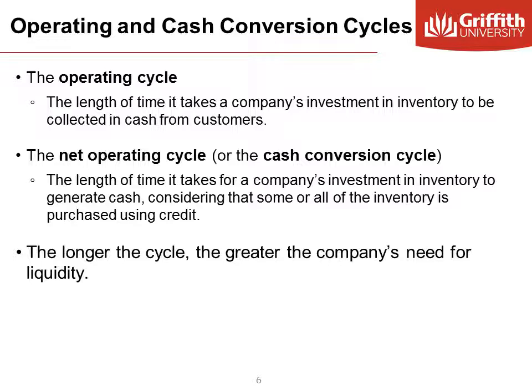The net operating cycle, or the cash conversion cycle, is the length of time it takes for a company's investment in inventory to generate cash, considering that some or all of the inventory is purchased using credit. The length of the company's operating and cash conversion cycles is a factor that determines how much liquidity a company needs. Thus, the longer the cycle, the greater the company's need for liquidity.